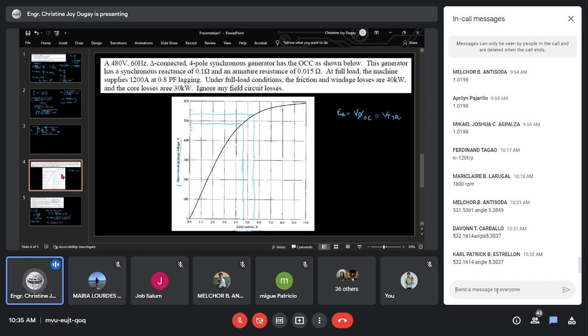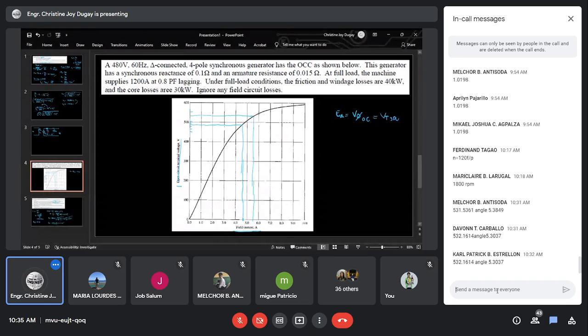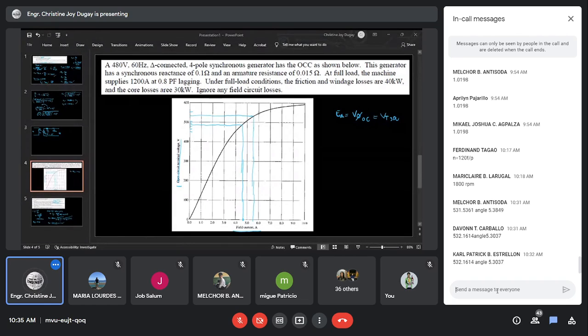Ayan. So sa tingin ninyo, what will be now the value of the IF? On your assumption, what is now the value of IF? Anyone? What is now the value of IF? IF now is?